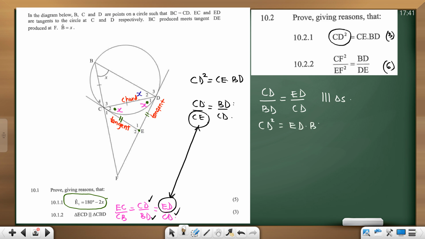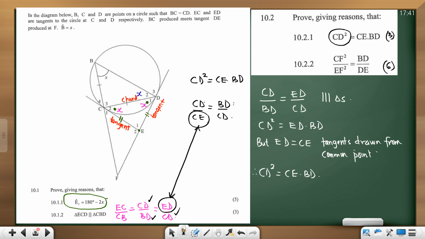ED multiplied by BD. But ED is the same as CE. Why? We did that at first. Tangents drawn from common points. So I can replace it. Therefore, CD squared, instead of writing ED, let me know.